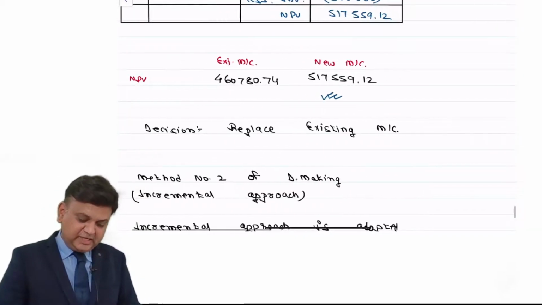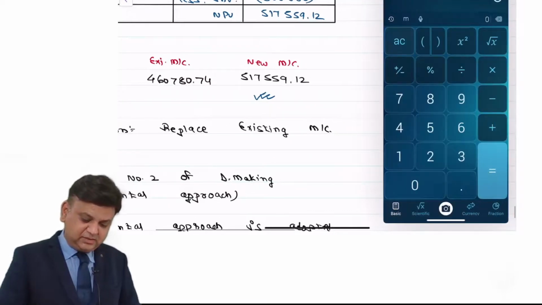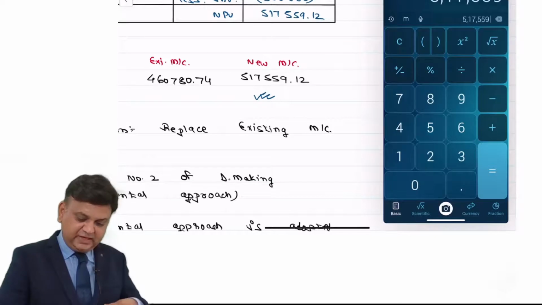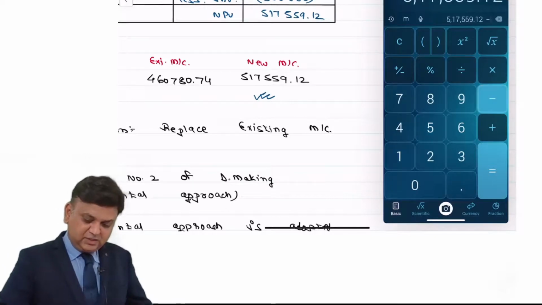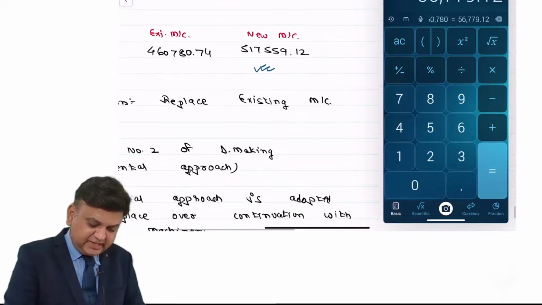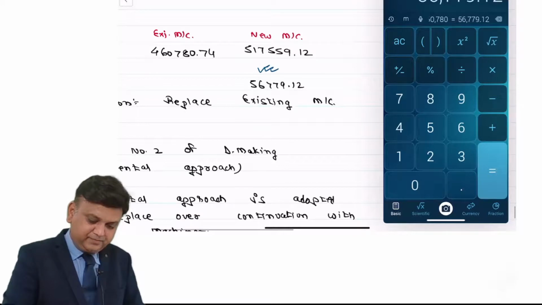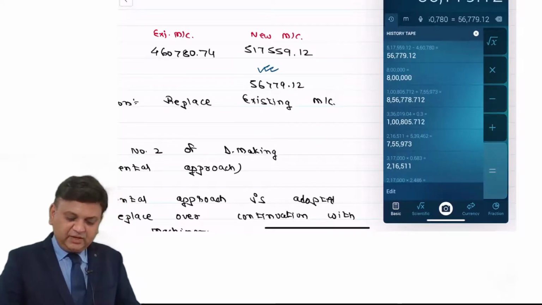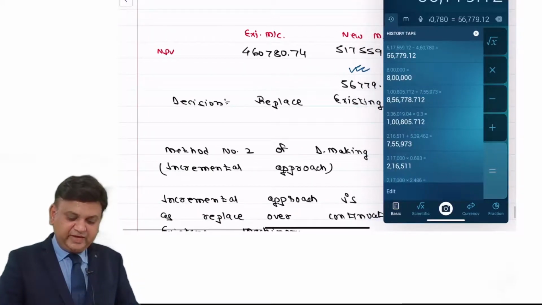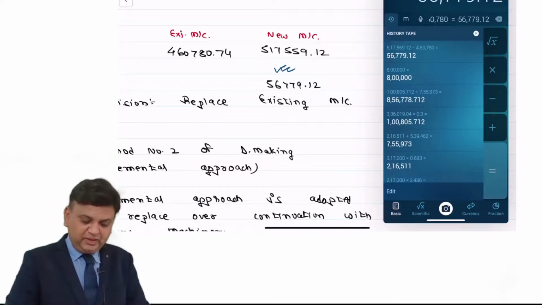Now friends, you can see that this is already calculated by us. 517559.12 minus 460780 is exactly 56779.12. Even earlier we had the same amount, 56778.712. There is an approximation of only 1 rupee.